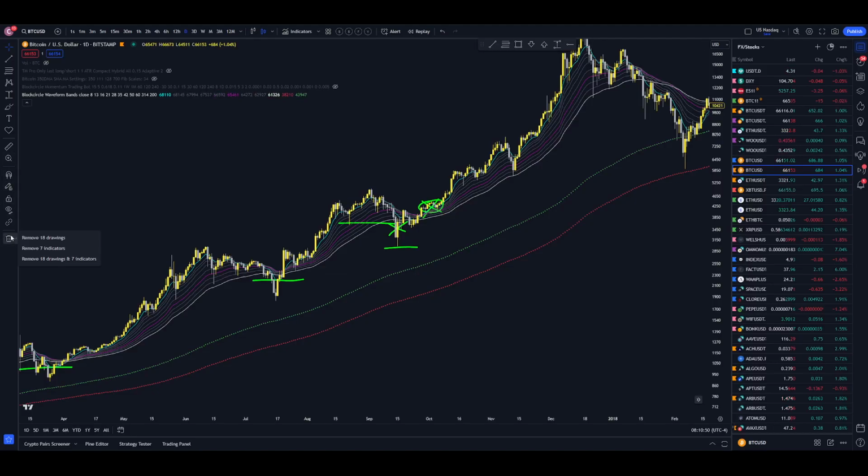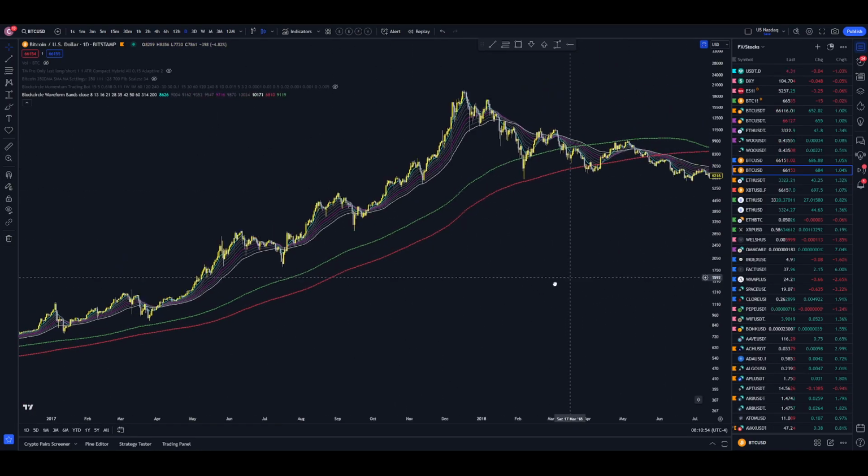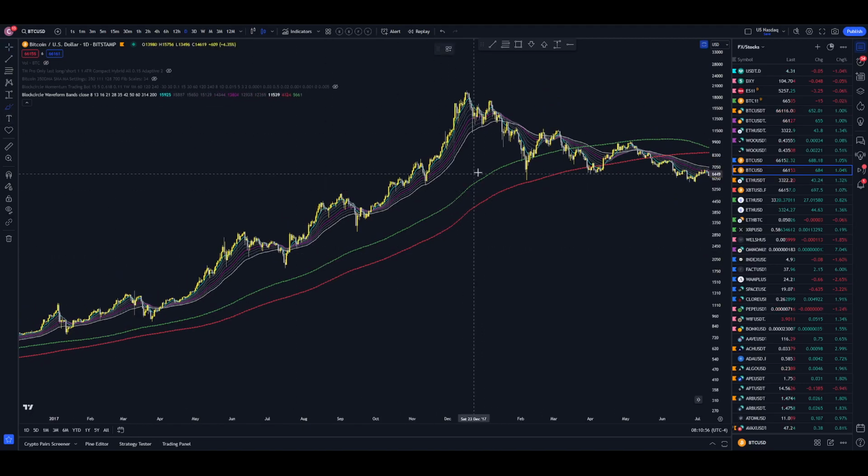Does that make sense? So we're trading everything with this higher time frame mindset, right? These bands, these moving averages, the 200 and pi on the daily, are representative of our trend on the higher time frame.